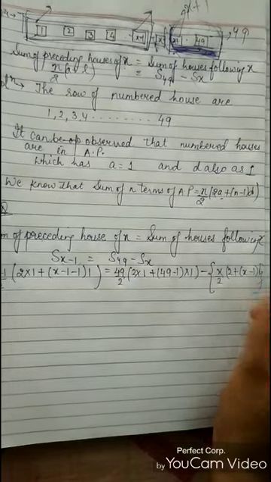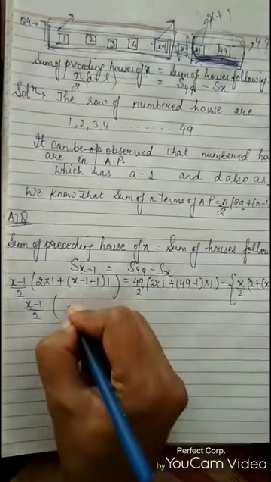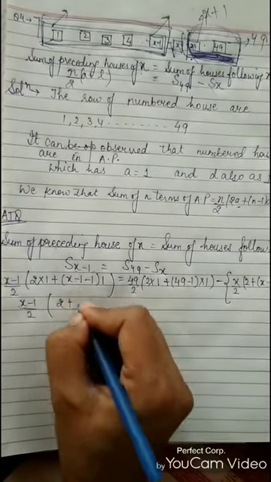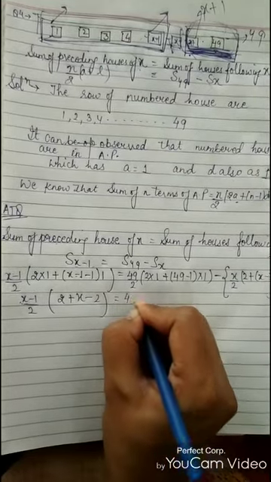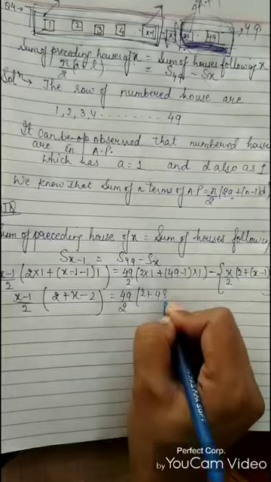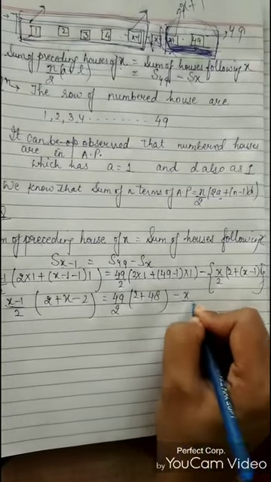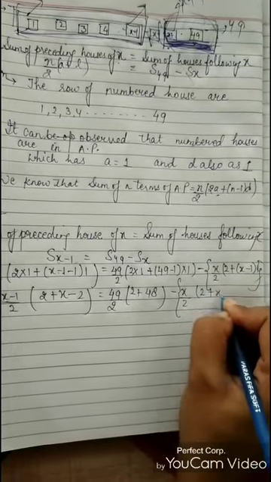Right, now (x minus 1) upon 2, on solving this you'll get 2 plus x minus 2, is equal to 49 upon 2, 2 plus 48, minus x upon 2, 2 plus x minus 1.